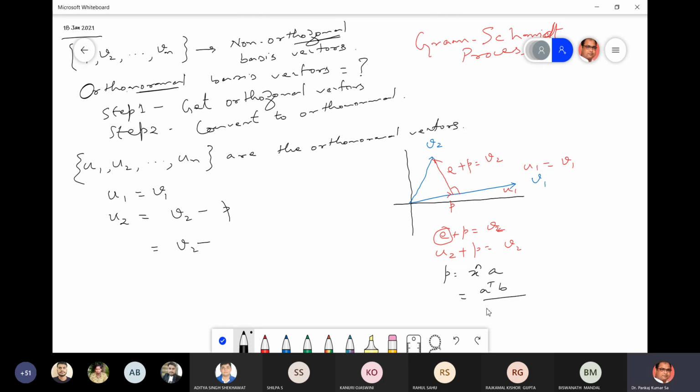X cap is A transpose B upon A transpose A, times A. Now the same thing if I put here, P in this case is U1 transpose V2 upon U1 transpose U1, times U1.